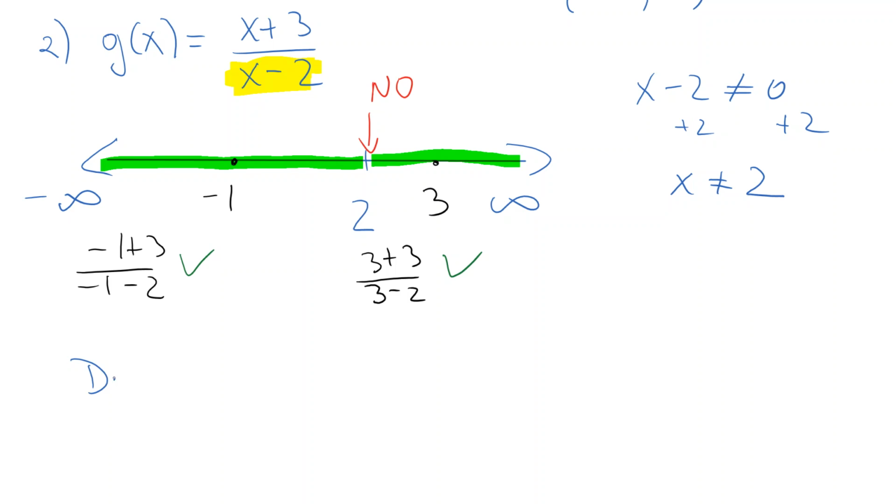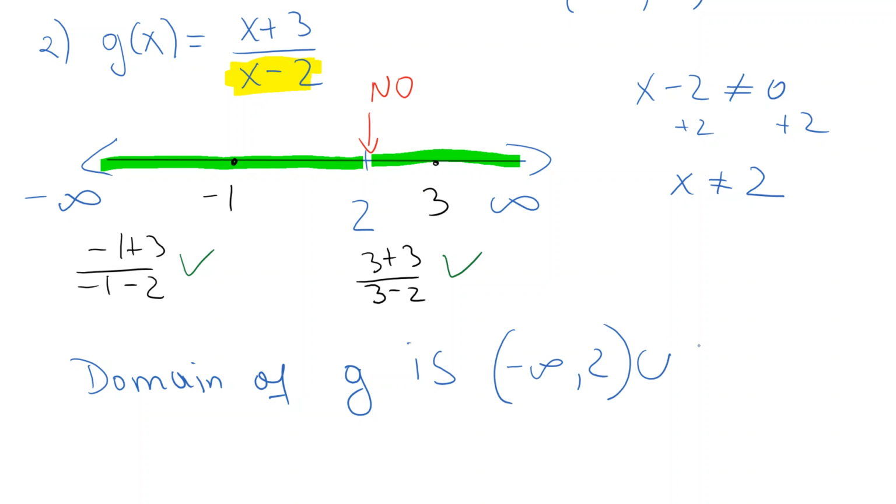So therefore, the domain of g in interval notation, I start from negative infinity to 2. And I'm going to put a parenthesis for 2 because it can't be 2, because 2 will cause division by 0. And then I put the union sign because together the domain has 2 parts, 2 to infinity.